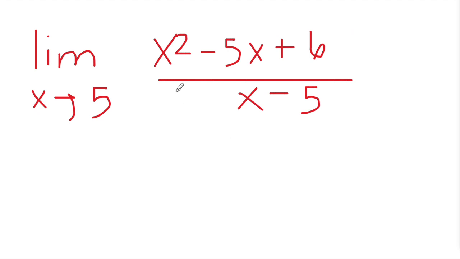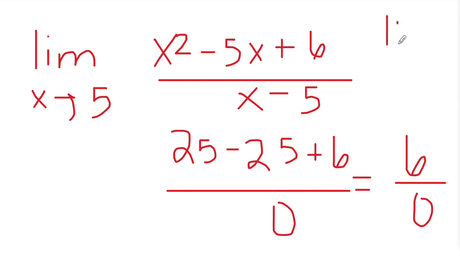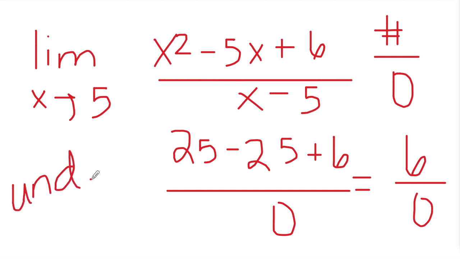So we get 5 squared, we get 25 minus 25 plus 6 over 0. So we actually get a 6 over 0 situation, which is undefined. It's not 0 over 0. It's a number over 0. So if you get this type of situation, off the bat, we know this is undefined, which also means that it does not exist. This limit does not exist because it is undefined.